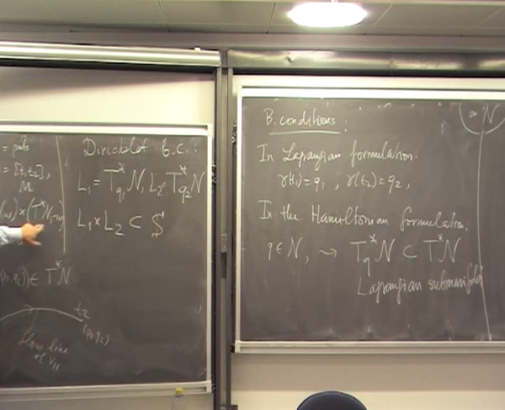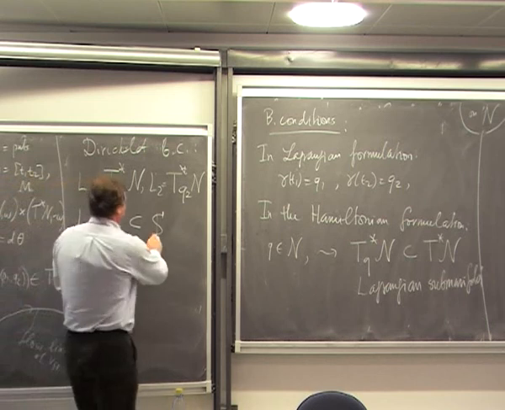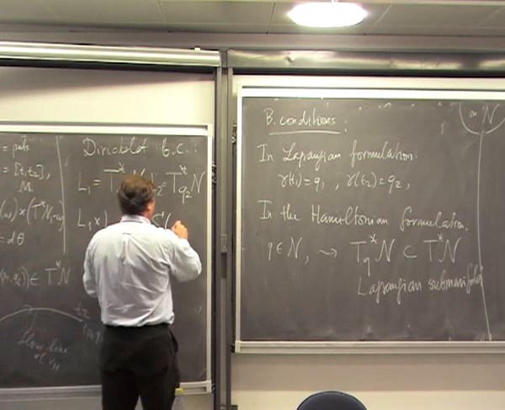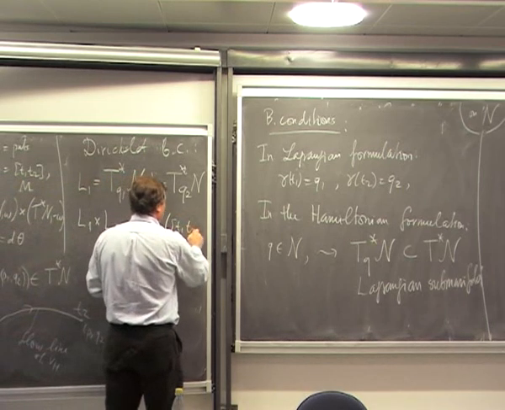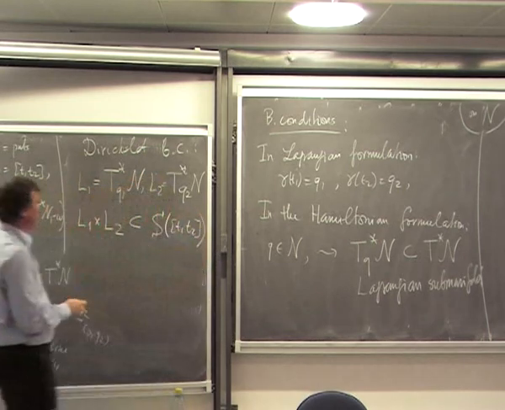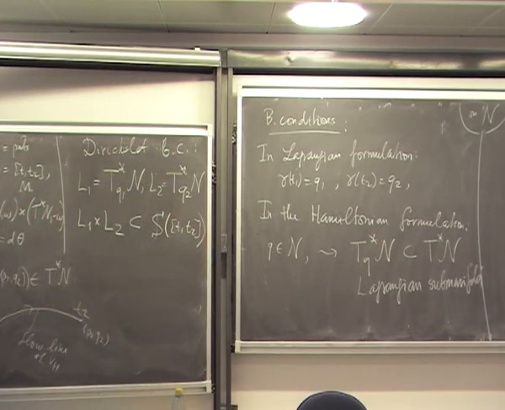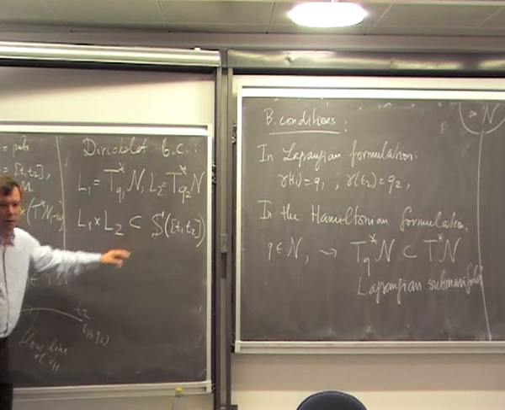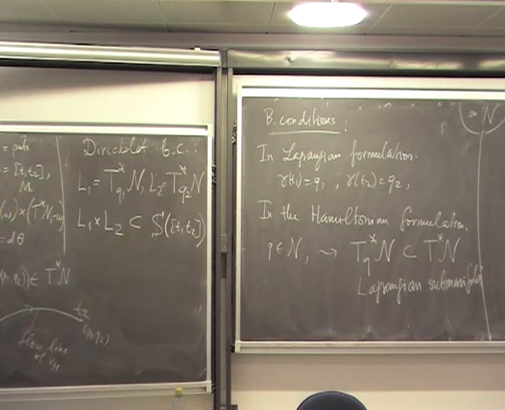It doesn't matter whether something is a Lagrangian subspace in T star N with omega or T star N with minus omega. It is still Lagrangian. The restriction of the symplectic form to it is 0, so it doesn't matter with which sign you take it. So this is a Lagrangian subspace in our symplectic space S T1, T2.